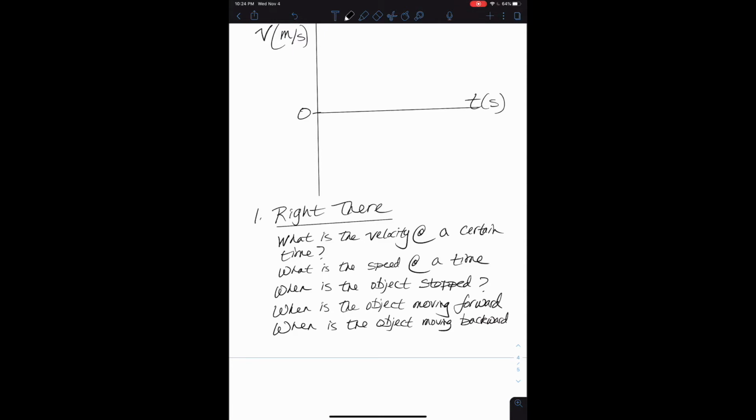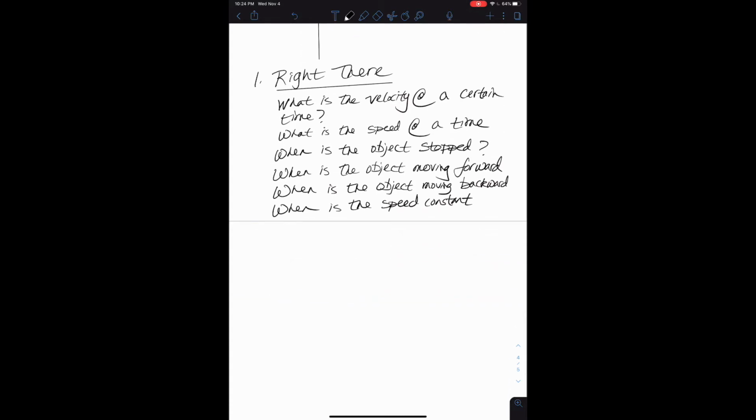Maybe one would be, when is the speed constant? All right, so it seems like we have quite a few questions that can be right there with this one. I'll try and cover those.